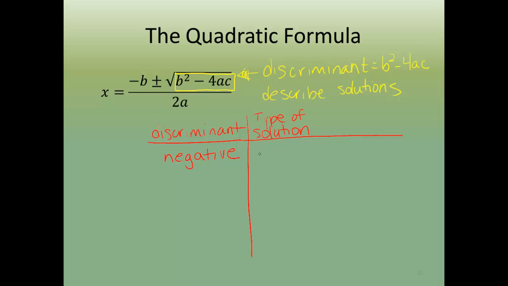It tells me I'm going to have an imaginary solution, and it also tells me how many of them I have. In this case, it's going to be two imaginary solutions, and in fact, these two are what we call complex conjugates.